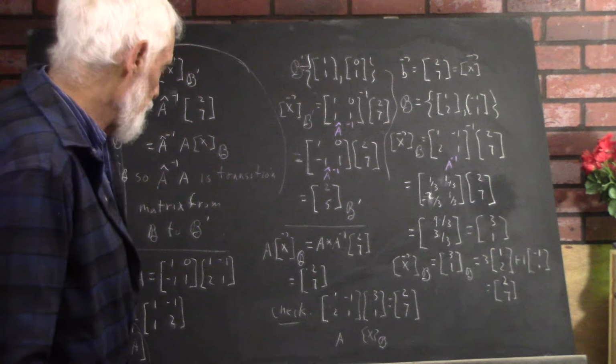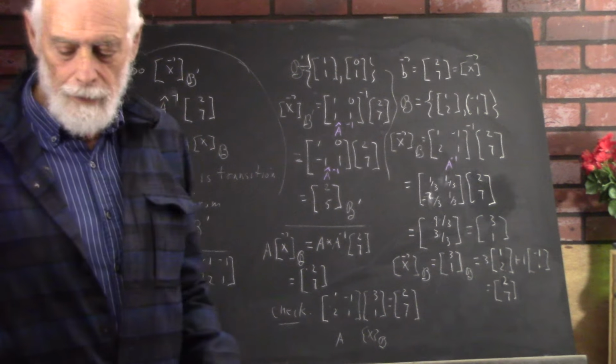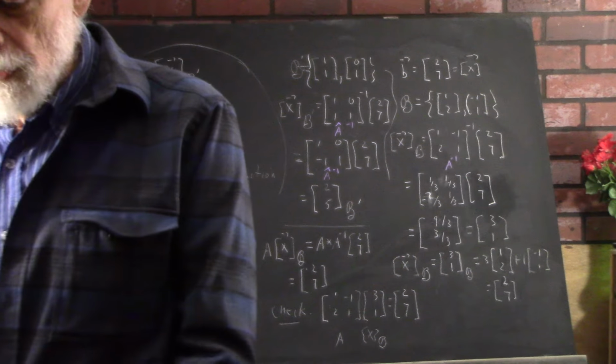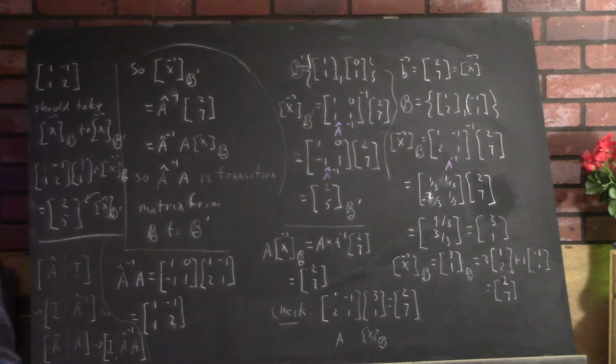So it's kind of a neat process. There's a lot more that can be said, and I'll probably say it later, but that should be enough to get you by at this point.